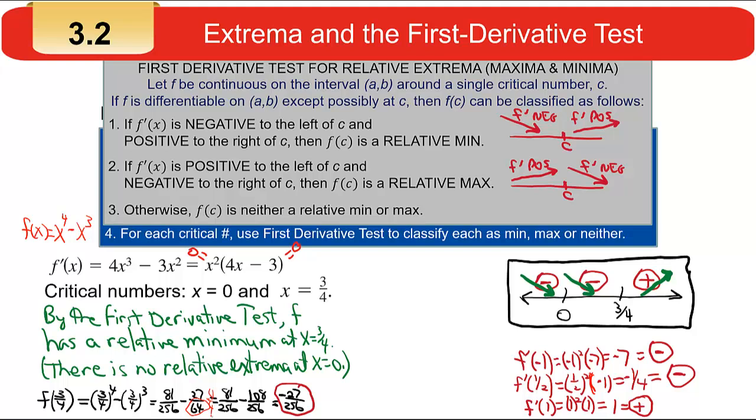So as awkward as that was to calculate, there's nothing difficult about it. That is the relative minimum. So the problems can have nasty arithmetic occasionally, but the process is fairly simple and straightforward.